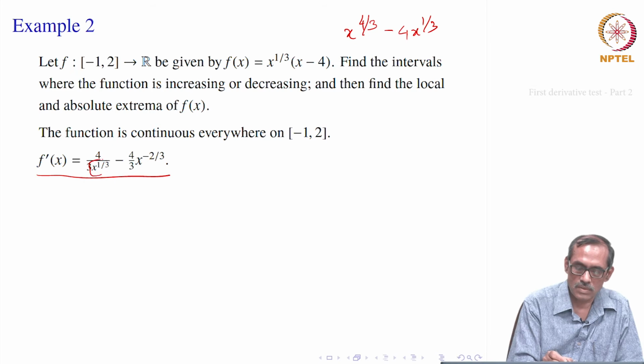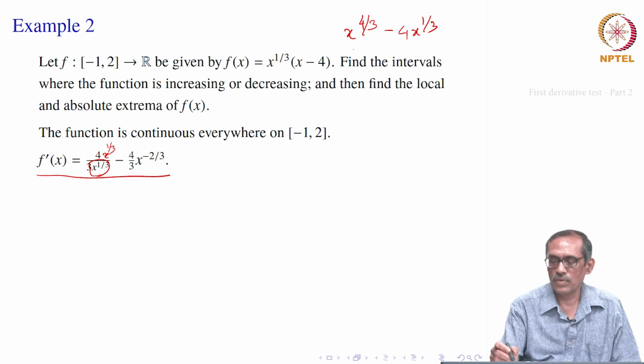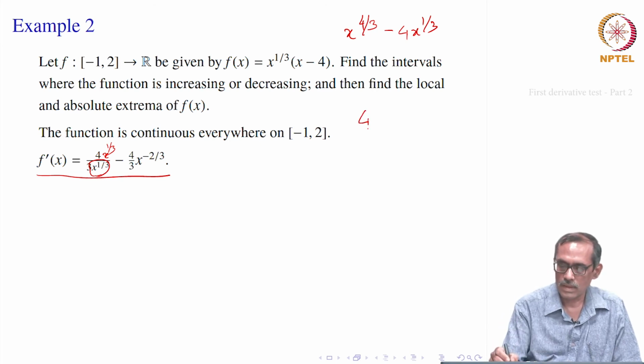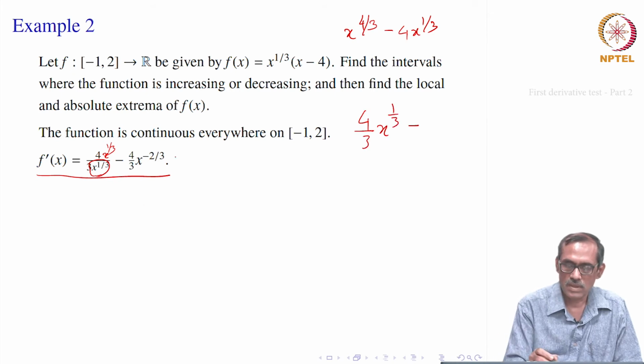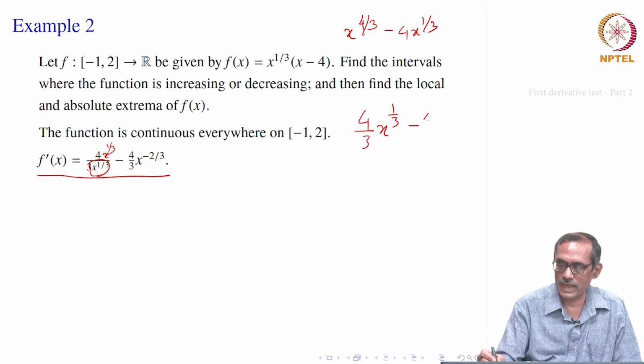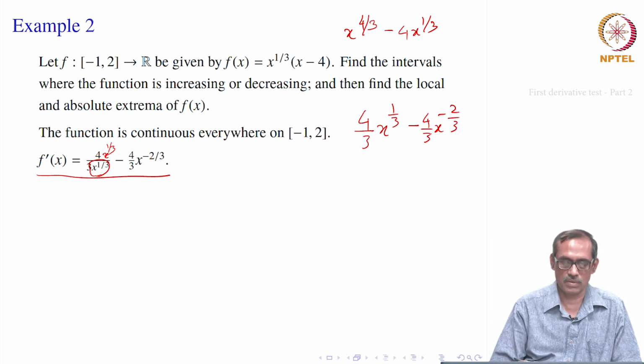So, it is 4/3 times x^(1/3) minus 4/3 times x^(-2/3), which combines to 4/3 x^(-2/3) (x - 1). Okay.